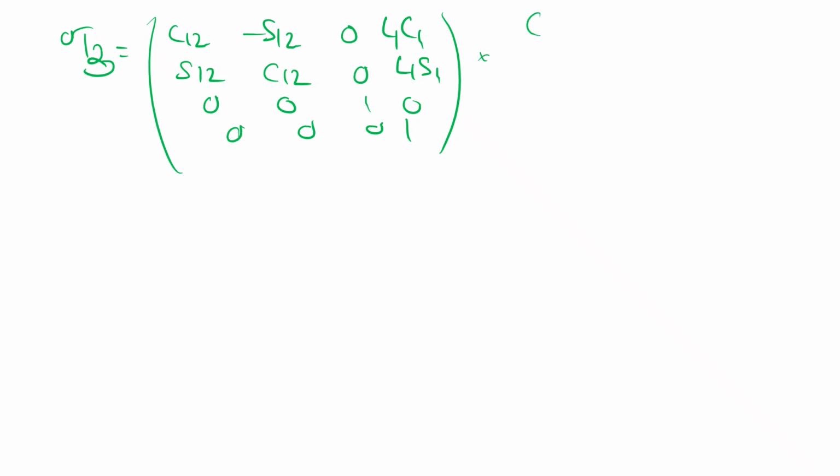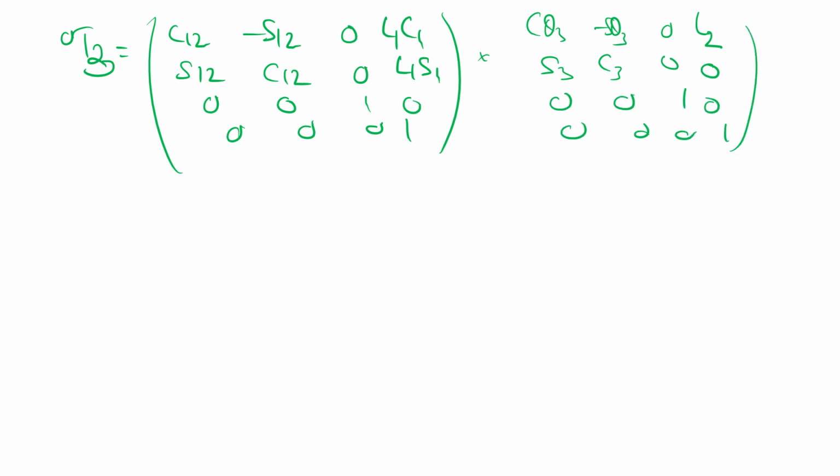So T31 is [C θ3, −S θ3, 0, L2; S3, C3, 0, 0; 0, 0, 1, 0; 0, 0, 0, 1]. Now after simplification it becomes C123, minus S123, 0, L1 C1 plus L2 C12.